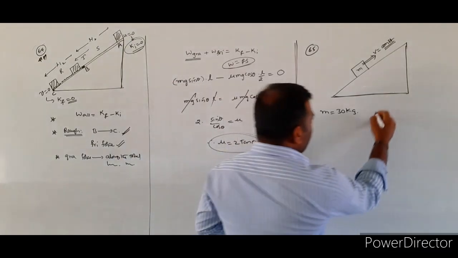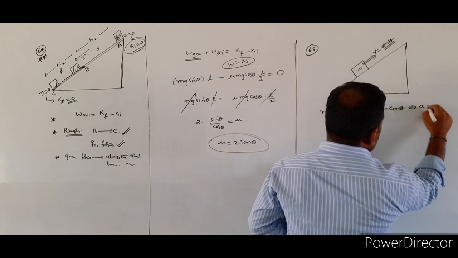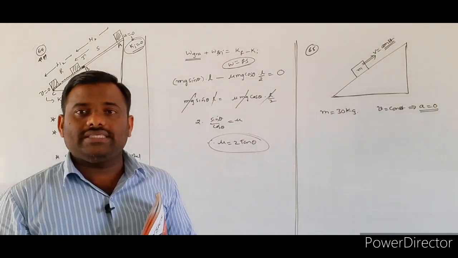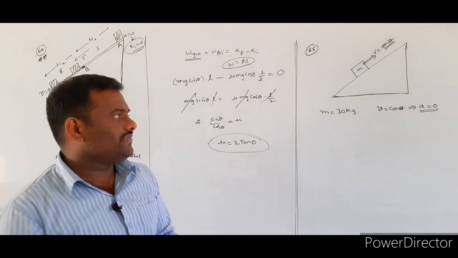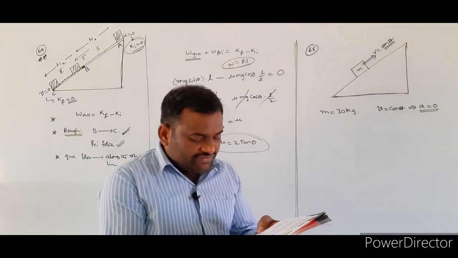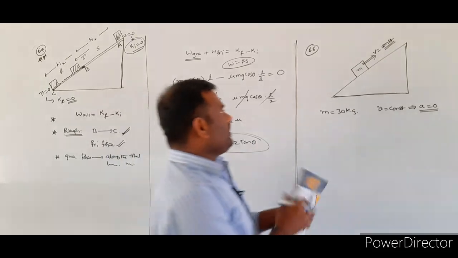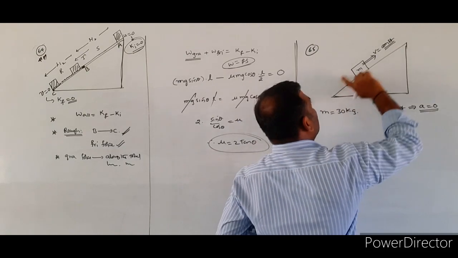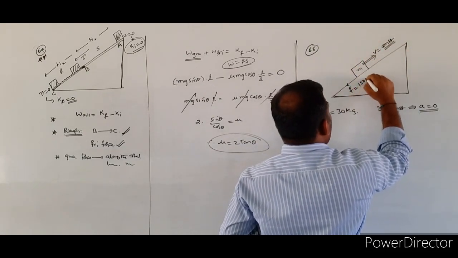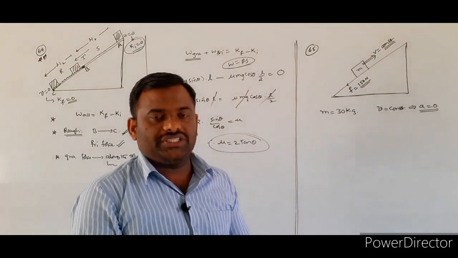If velocity v is constant, we know acceleration is equal to 0. Now, the frictional force retarding the motion is 150 Newton. Since the motion is in the upward direction, the frictional force acting on the block is 150 Newton, acting in the downward direction.